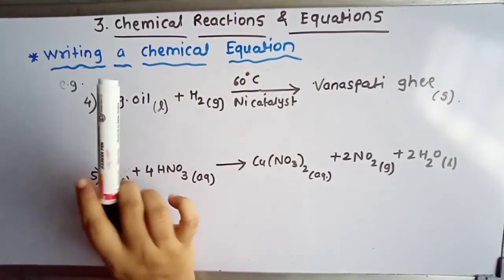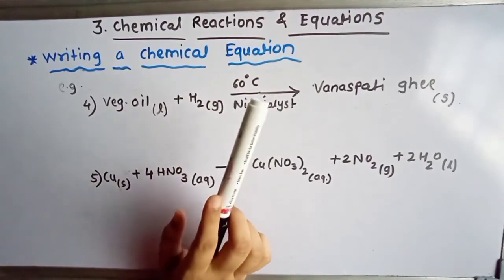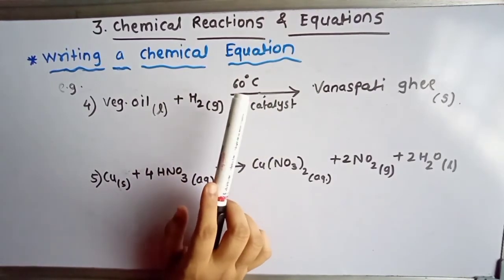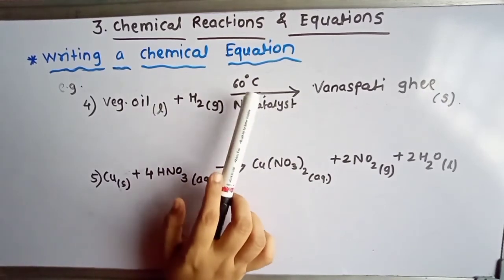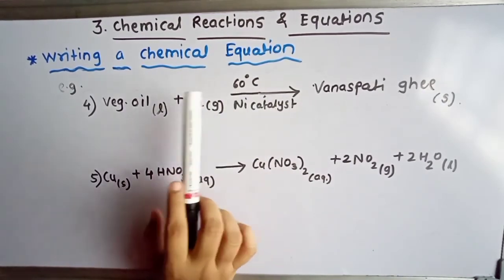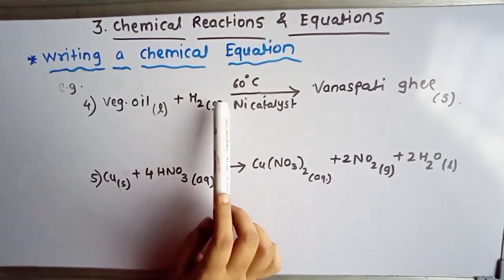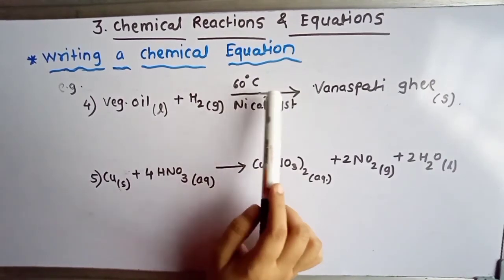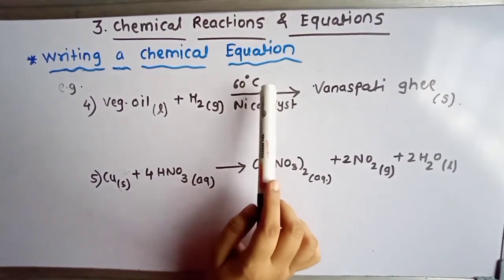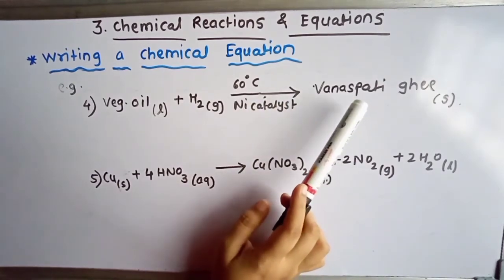Now the 7th rule: certain conditions of temperature, pressure, catalyst, etc. are mentioned on the arrow pointing from reactants to products, okay. So see this reaction: vegetable oil, liquid form, and H2, gas form, react under the condition of 60 degree Celsius temperature and nickel catalyst to form vanaspati ghee, okay.